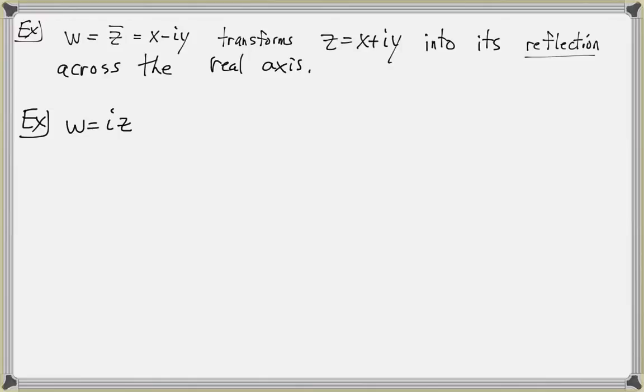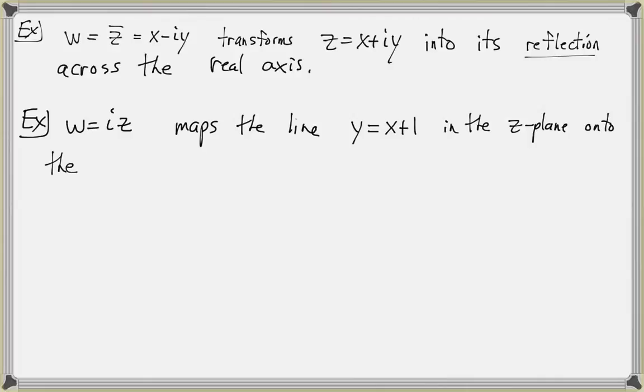This function will map a line given by the equation y equals x plus 1 in the z-plane onto another line in the w-plane, the line v equals negative u minus 1 in the w-plane.